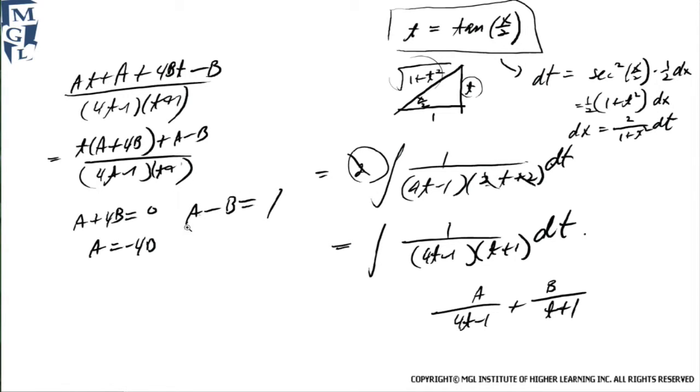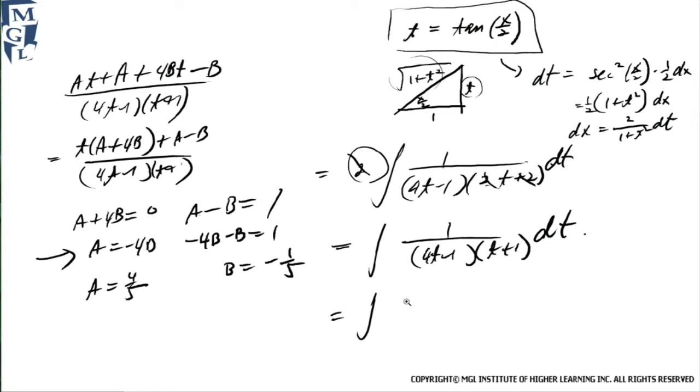Since A is equal to minus 4B, I can plug in minus 4B in here, and you get B is equal to minus 1 over 5. If B is equal to minus 1 over 5, plugging it back into here, A is 4 over 5.